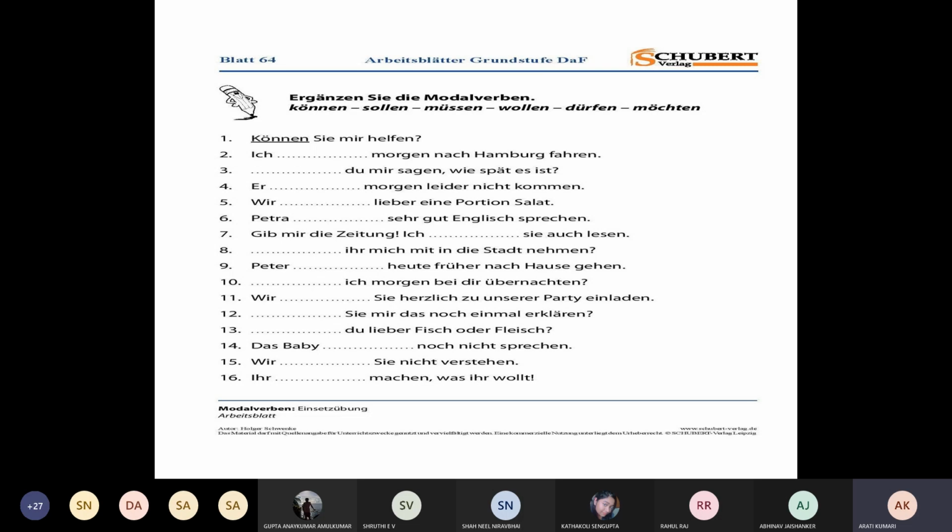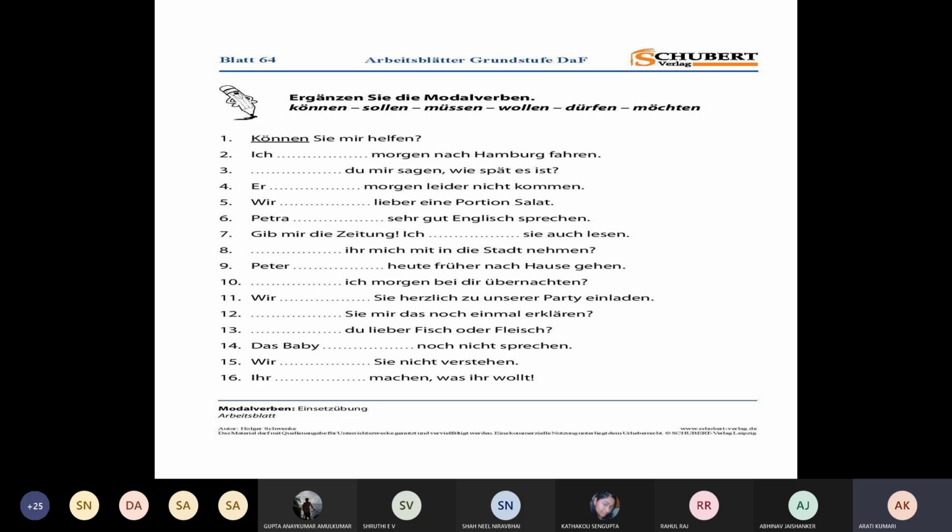Can somebody think of a modal verb which can be used here? I'm waiting. Anybody? What modal verb are we going to use here?